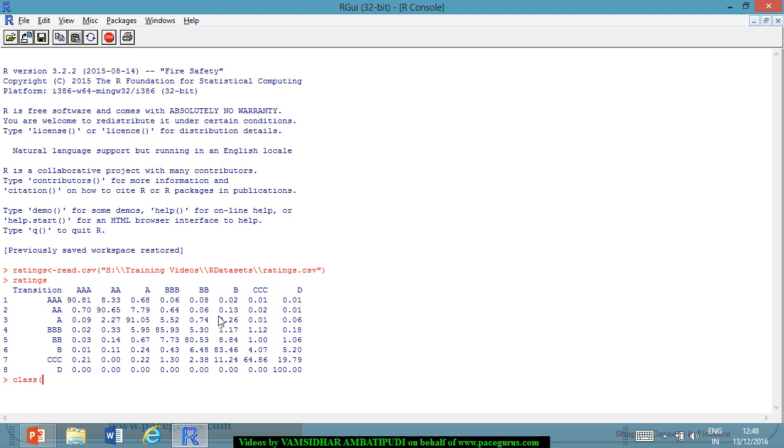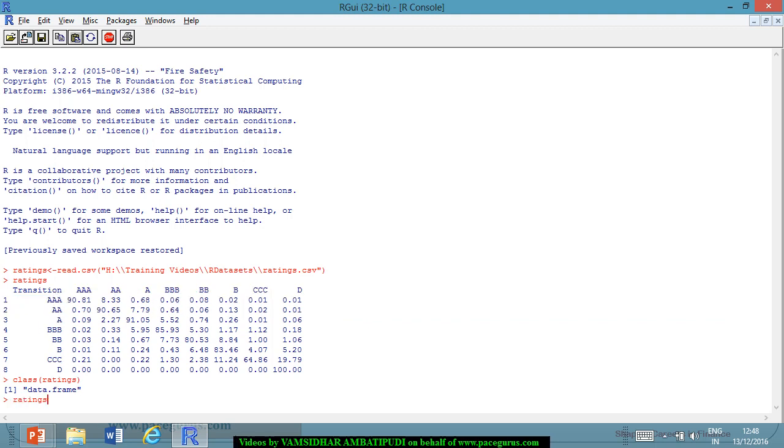If I look at the class of this, it is actually a data frame. I have to convert it into a matrix, and a matrix will contain only numericals. That's the reason I want to take out this first column.